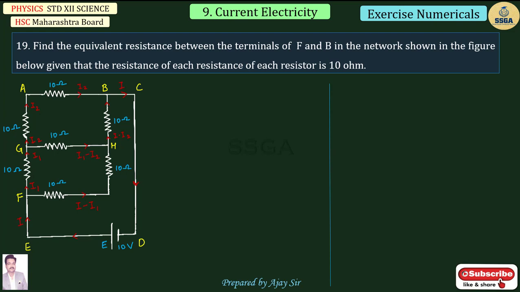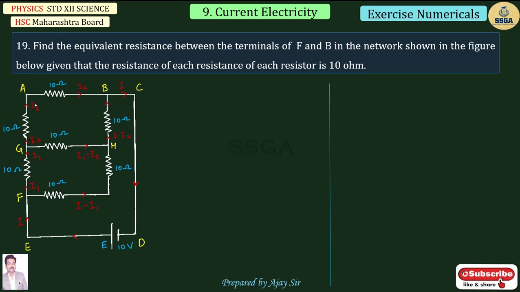Now again this current is divided into two parts. Suppose in this part, or in this arm, the current flowing is I2. Therefore the remaining current, I1 minus I2, will flow in this arm.